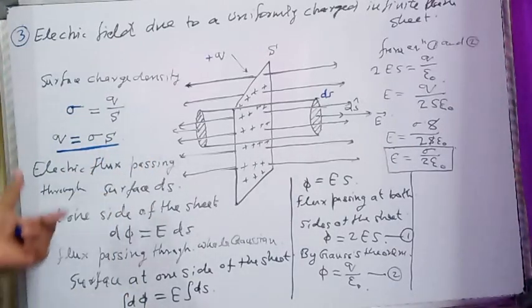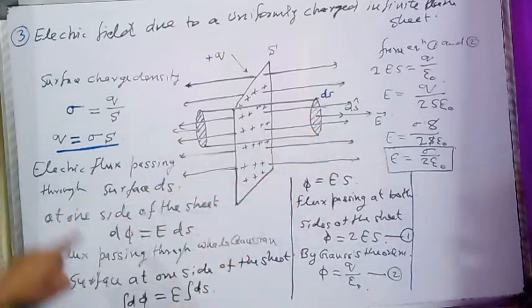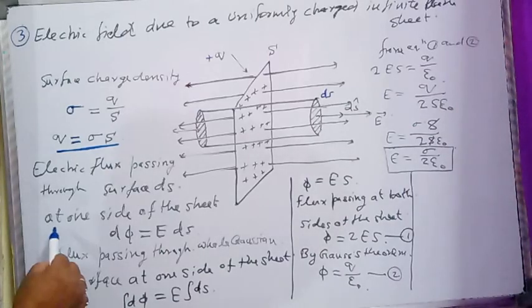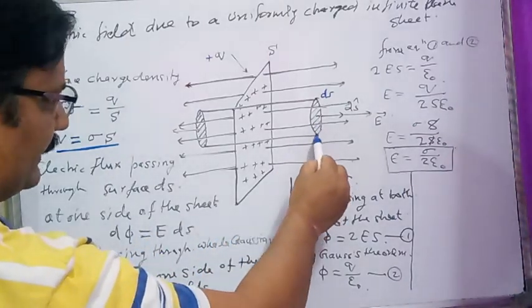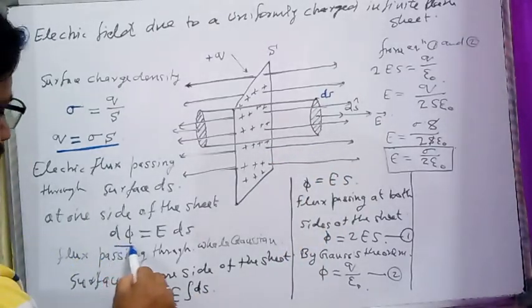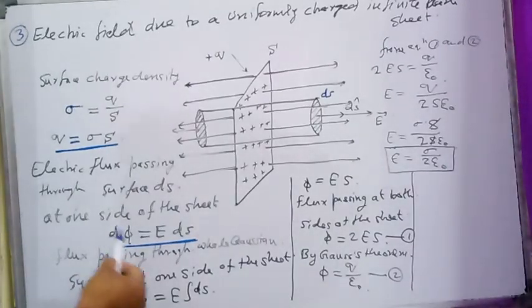Now we have to find what is the flux passing through surface ds. So electric flux passing through surface ds at one side of the sheet, suppose at the right side of the sheet, can be written as d phi is equal to E into ds. Now what can be the flux passing through the whole Gaussian surface?